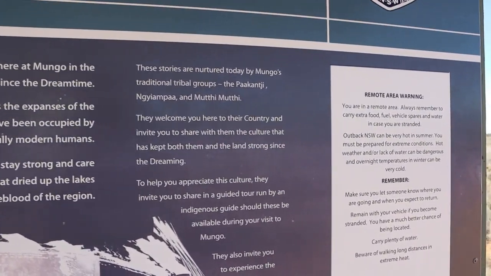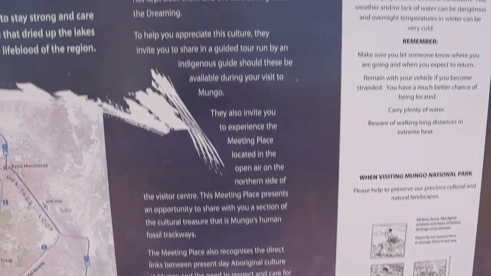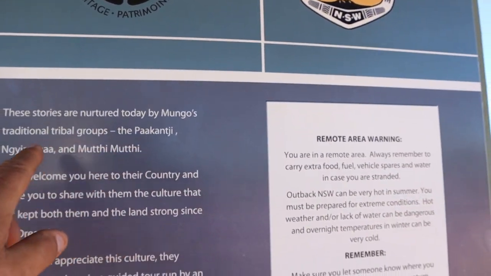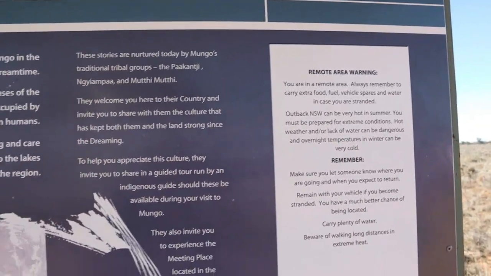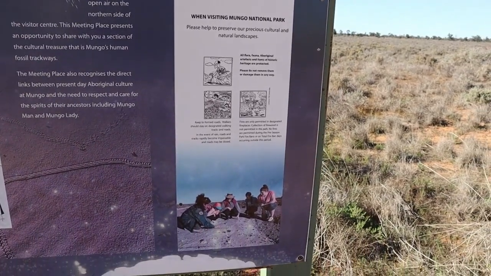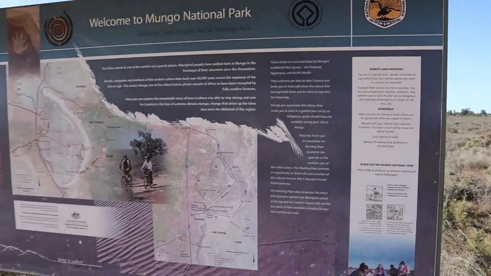Wow, awesome. So the Pakinji are here, so remember they went right up almost to Burke, I think. Right up the Darling, so just fabulous. Alright, let's continue on.